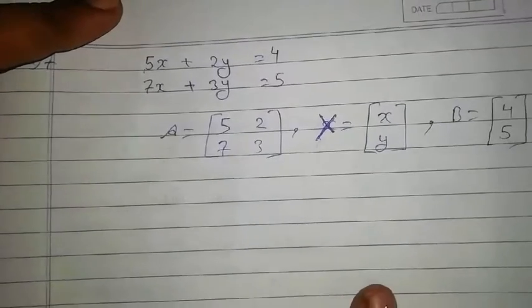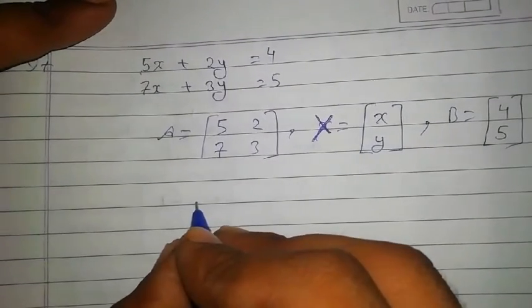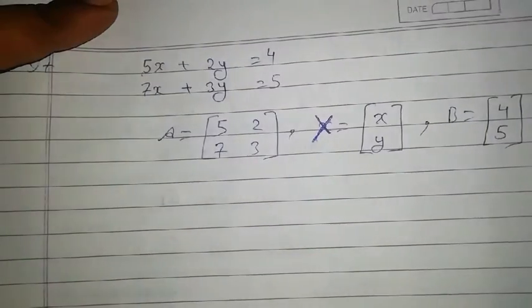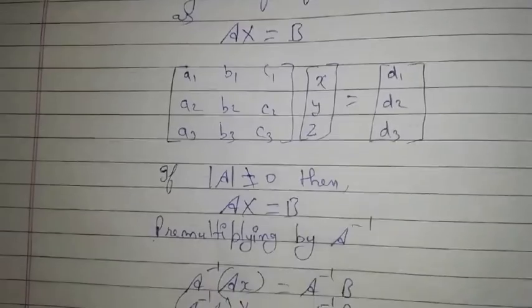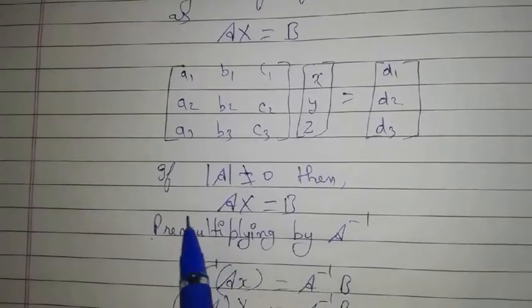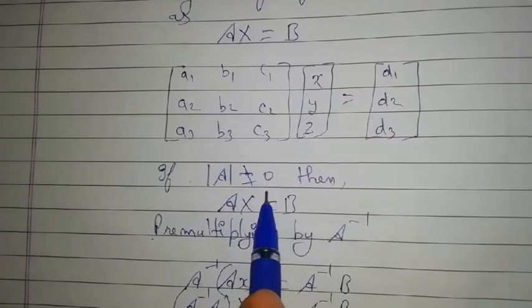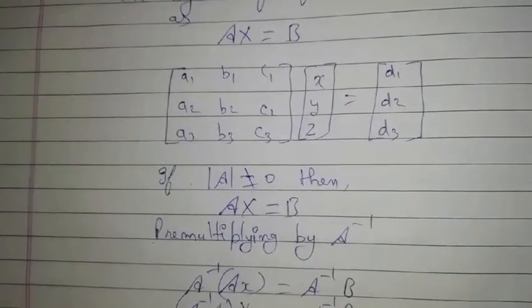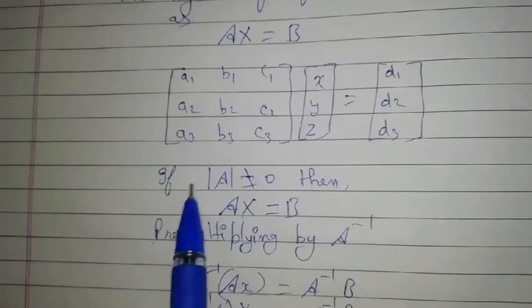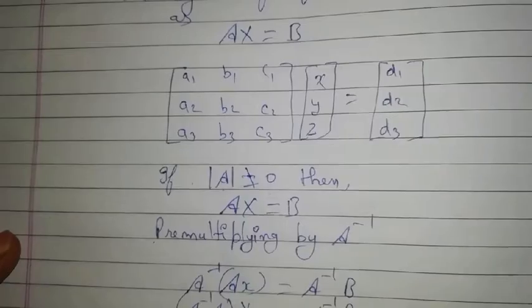Now how can we put it in a solution? First of all we will check whether the determinant of A is not equal to 0, meaning it is non-singular, and then we can apply this method. So first of all we will find the value of the determinant of A.